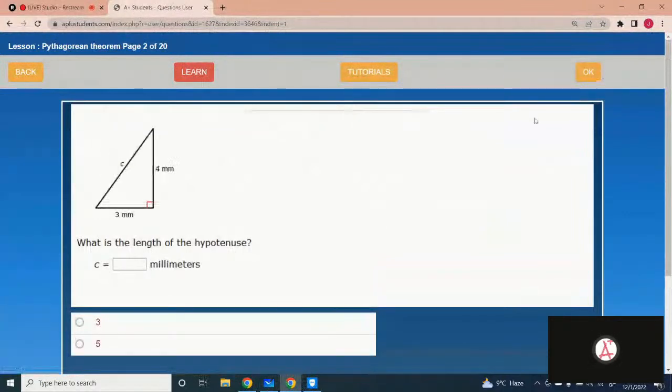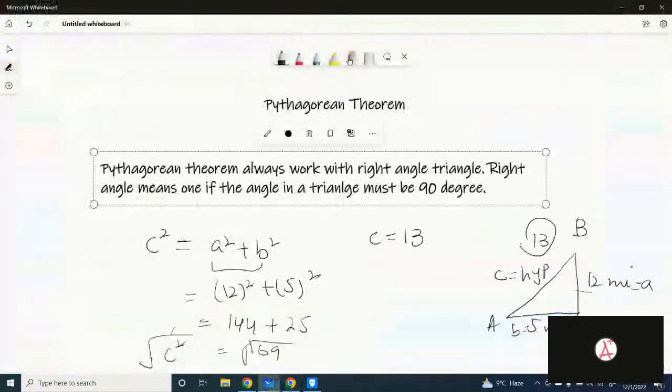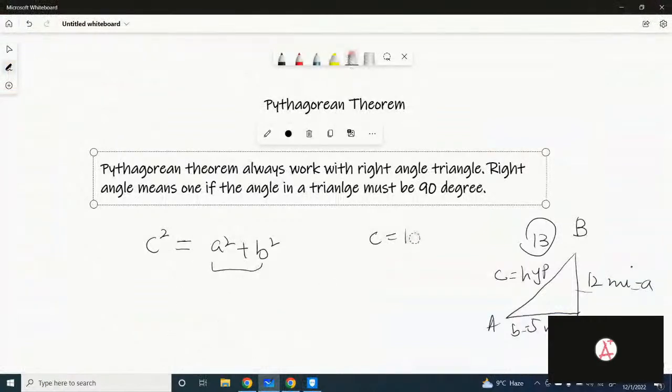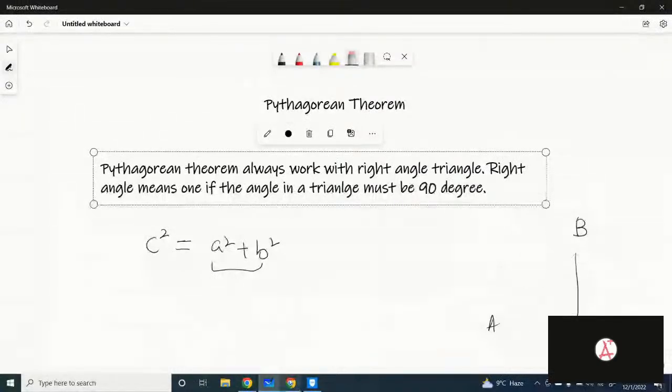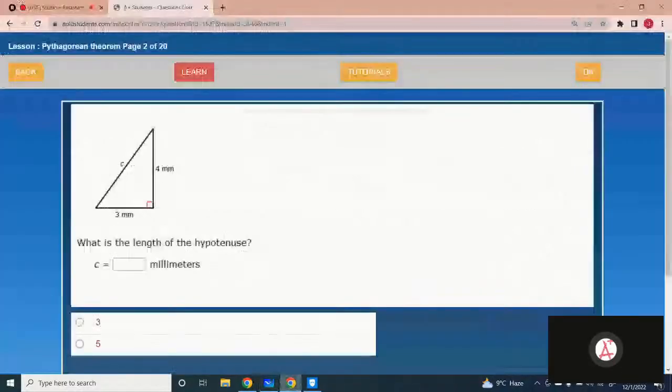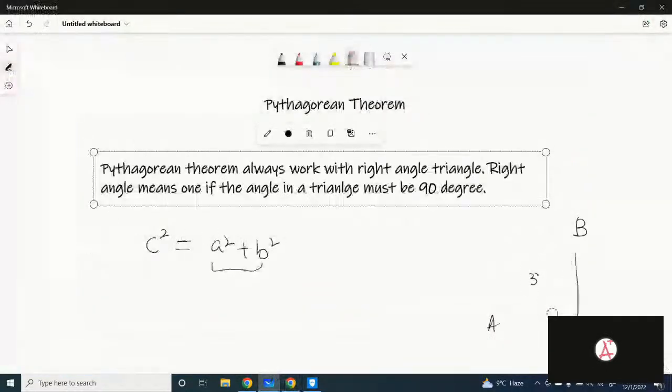Okay, the next one is 4 mm and 3 mm. It would be 3 and 4.